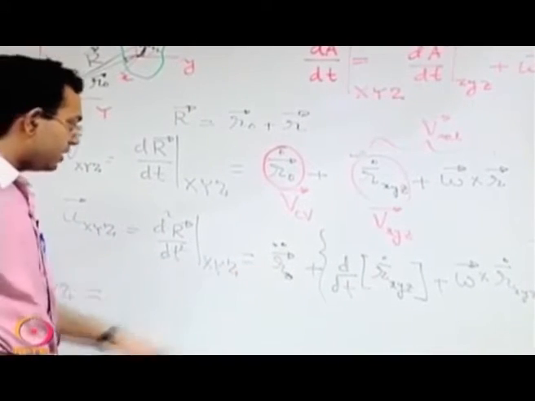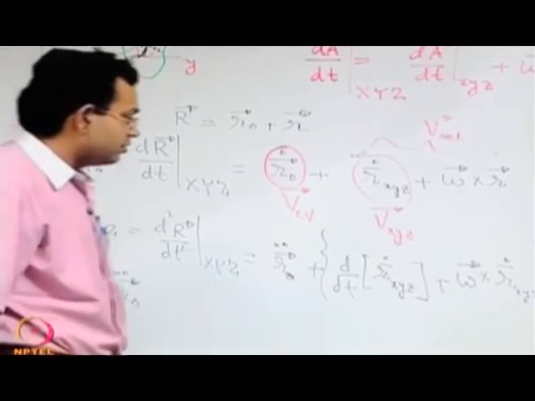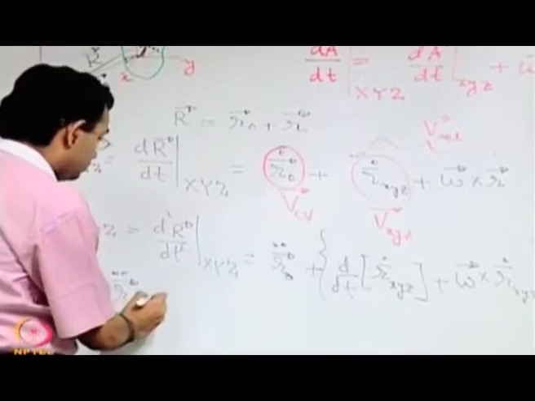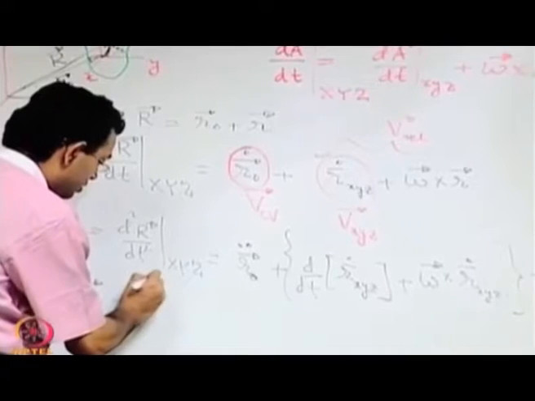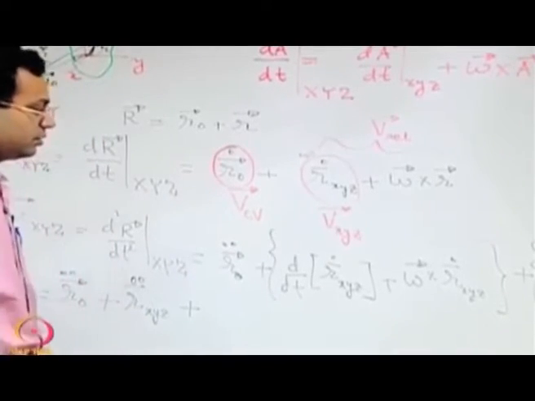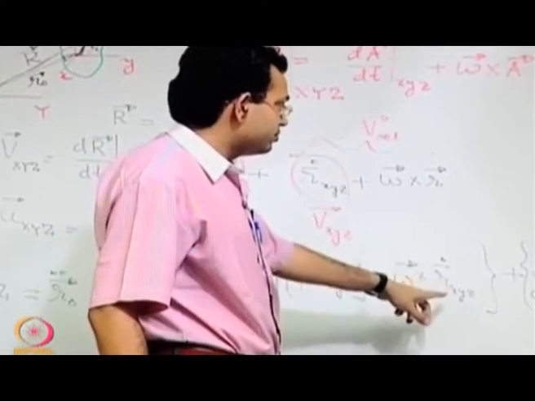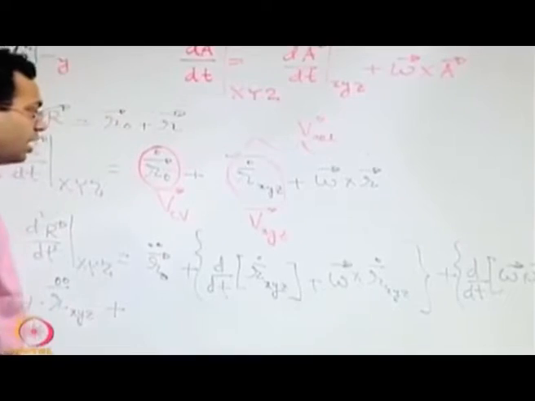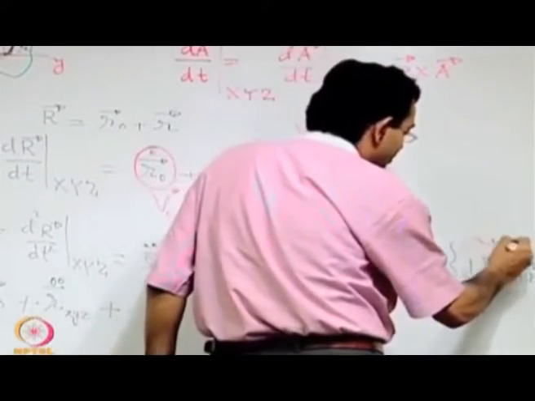So the first term r naught double dot plus r small xyz double dot plus omega cross r dot, but let us simplify another term before writing that. Let us simplify this one.